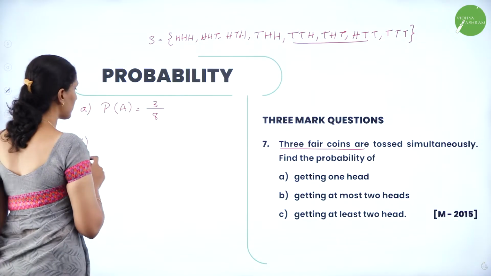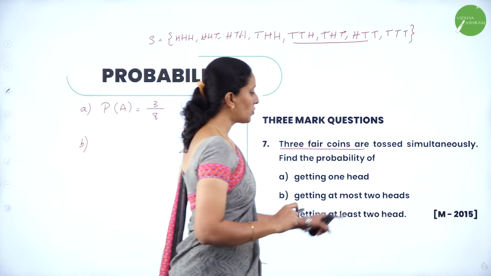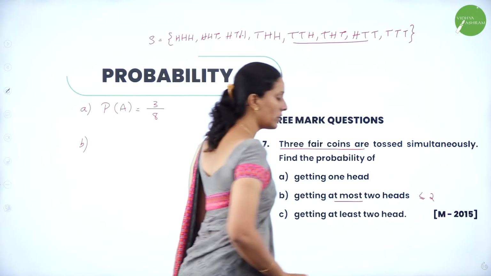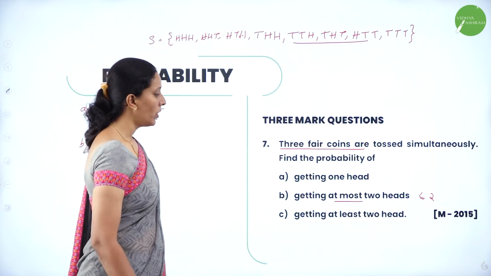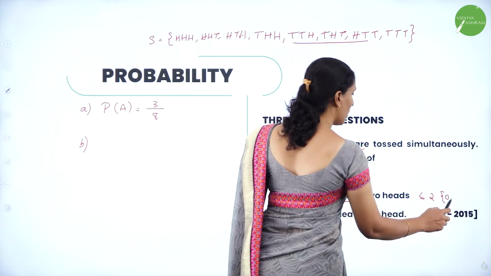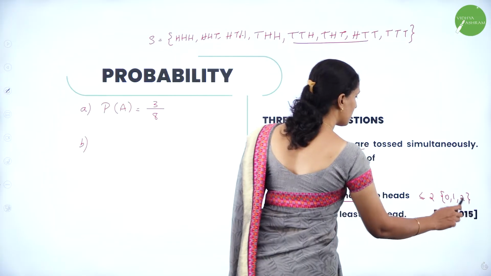Second one, getting at most 2 heads. At most is nothing but less than or equal to 2. When I say less than or equal to 2, you can get the values of no head, one head or 2 heads.